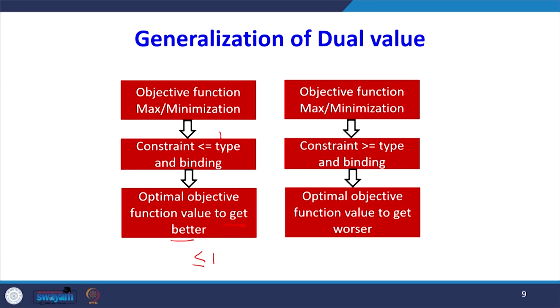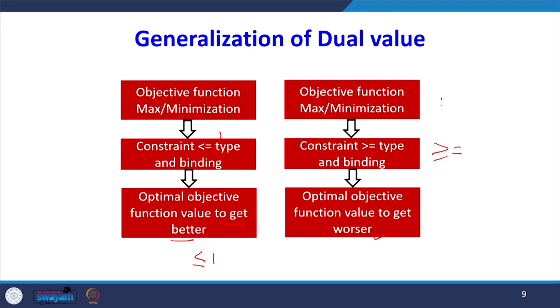On the other hand, if the objective function is maximization or minimization, but the constraint is greater than or equal to type, non-binding, exactly here what is happening is that you are tightening the constraint. So when you are tightening the constraint, the objective function value gets worse. What is the meaning of worse?